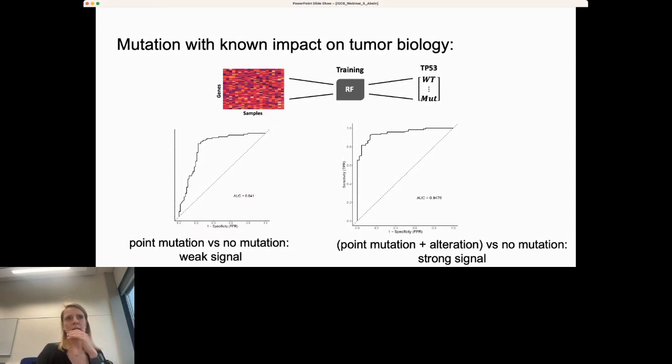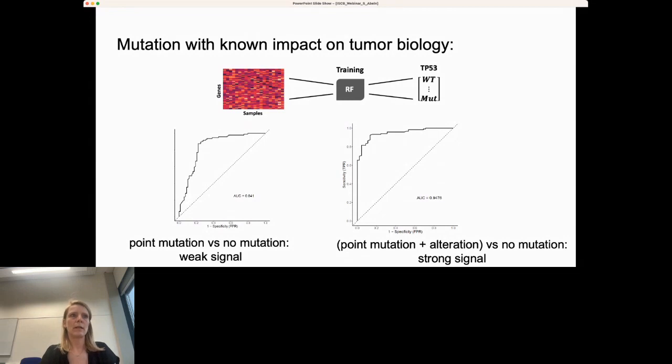So if we change the labels and we give more accurate labels, we can see that we can even predict this better based on the mutation data. So if we say, okay, we have 2 chromosomes. If you have 1 point mutation and in the other gene you actually have an alteration, typically a deletion in p53, then you see that the model becomes even stronger.